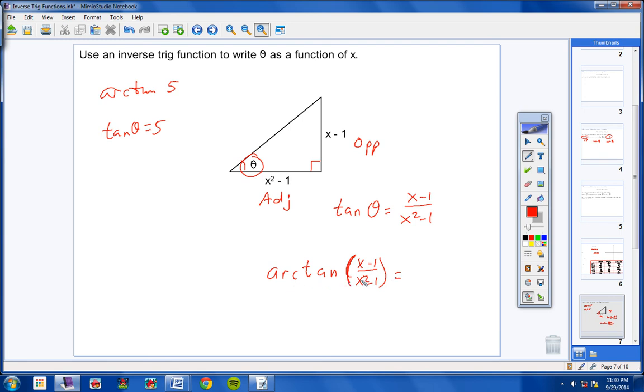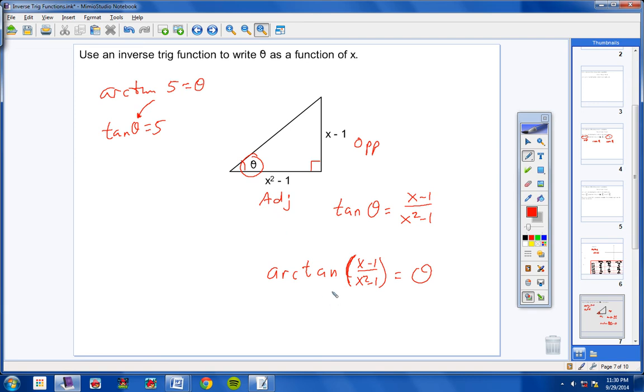This whole expression equals theta, because whenever you have arc tangent of, let's say, 5, that means tangent of theta equals 5. In other words, your unknown is theta. You're looking for an angle. Anytime it's arc tangent or arc sine or arc cosine, you know right away you're looking for an angle. So really you could say this equals theta.